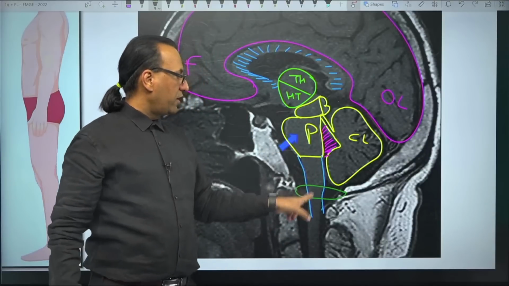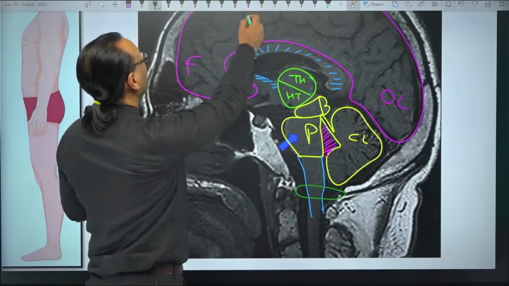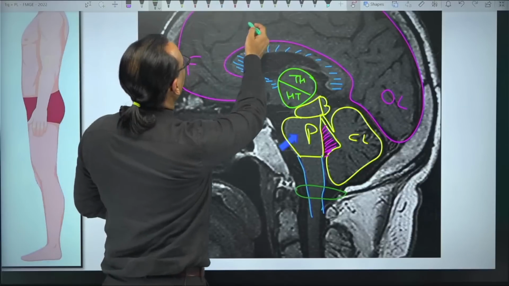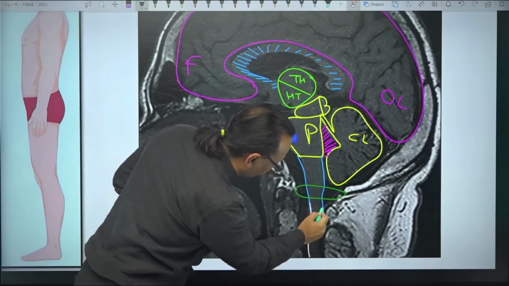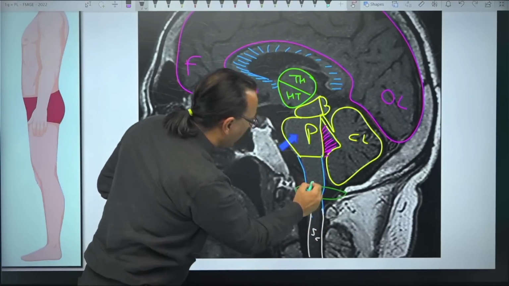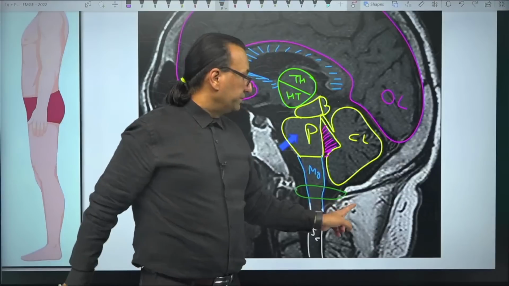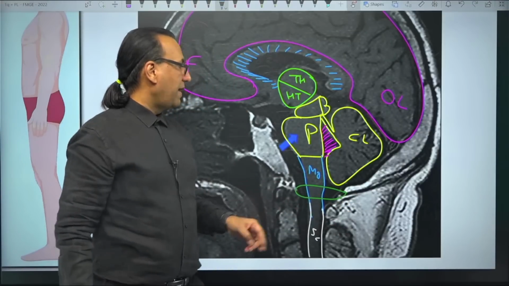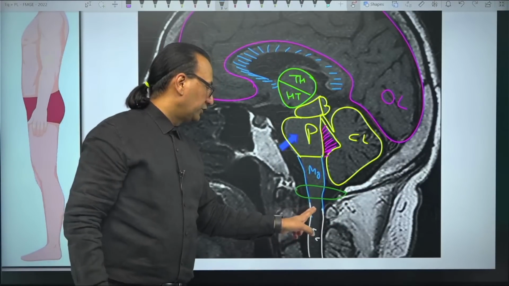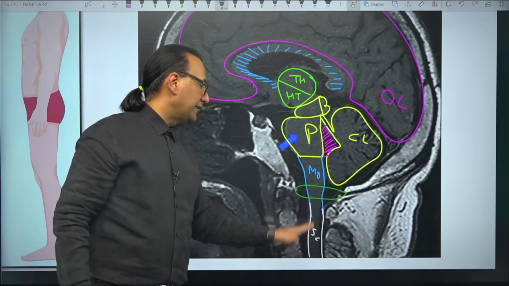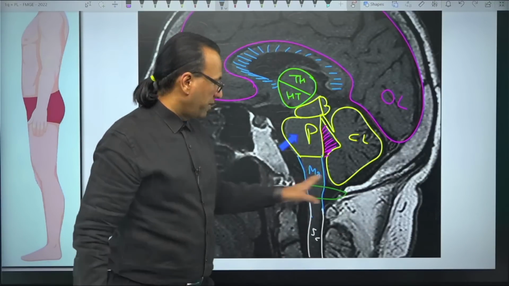It is the medulla oblongata, part of the brainstem, and it continues downward as, let us choose white color, the spinal cord. So this is the spinal cord, and that is the medulla oblongata. So remember, what passes through the foramen magnum is the medulla oblongata, not the spinal cord. The spinal cord is a continuation of the medulla oblongata, and it is in the vertebral canal, not in the foramen magnum.